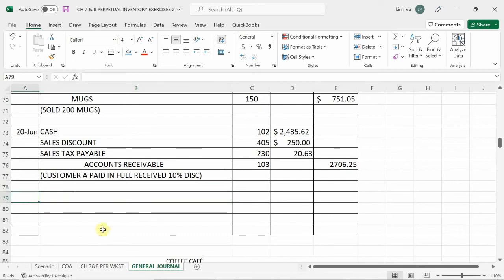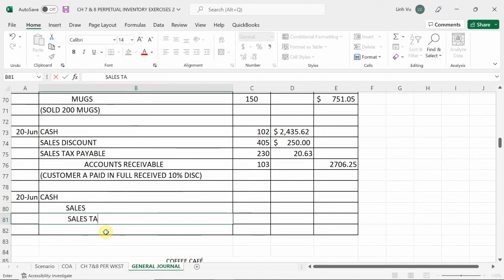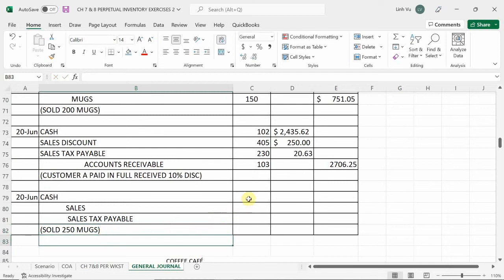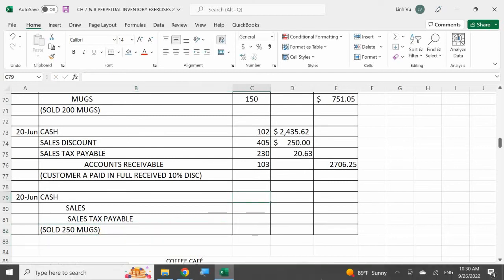We received cash, we got sales, we got some sales tax, and we could say here that we sold 250 mugs. So if I sold 250 mugs at $10 each, what is going to be my total here? 2,500.